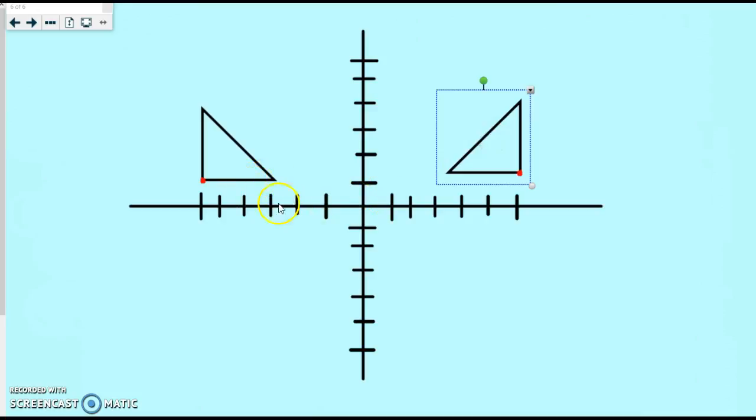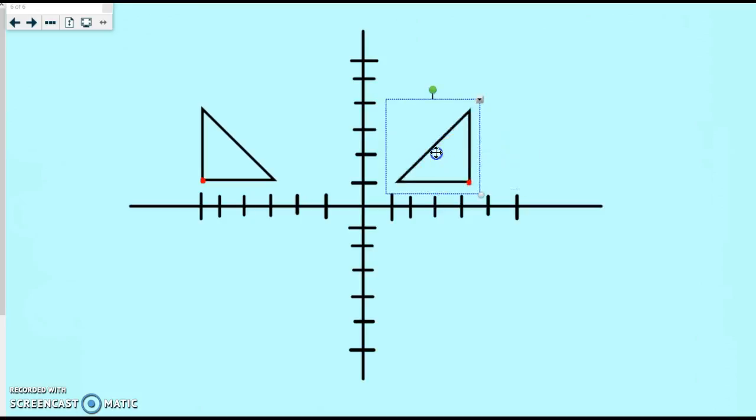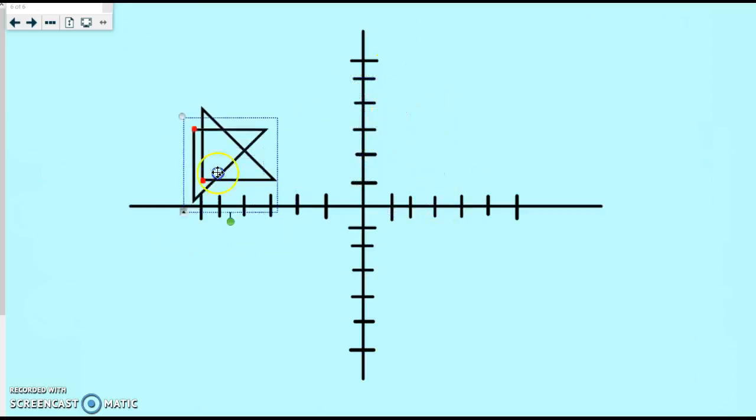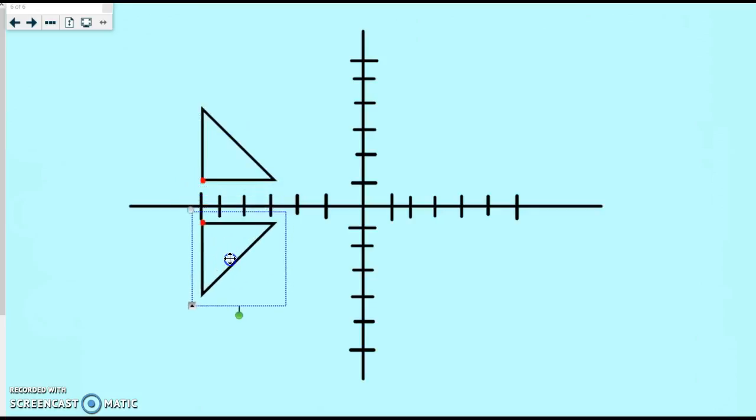So where this point is at -6, 1, this point is going to be at +6, 1, since we reflected it about the y-axis. And that would be its reflection. And then you also have its reflection about the x-axis. So it will reflect upside down like this. And across the x-axis, it would be at -6, -1.